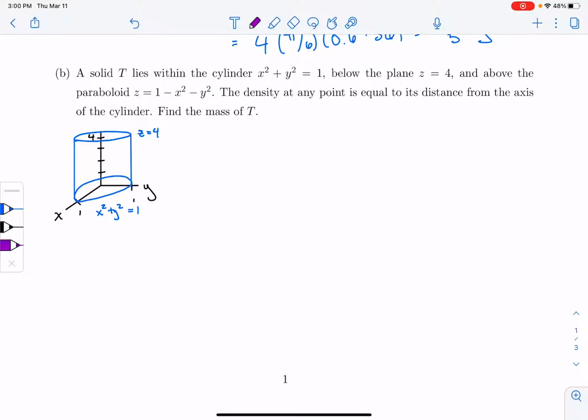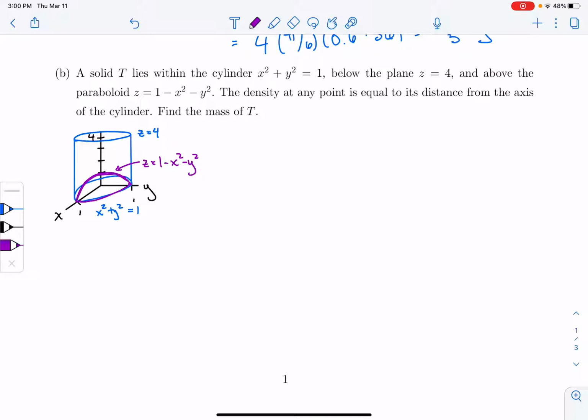So I've got this paraboloid here, kind of an upside down bowl shape, and that paraboloid has an equation of z equals 1 minus x squared minus y squared. So I've got a cylinder. Inside the cylinder at the very bottom is this paraboloid. And I want to go between the paraboloid and the top of the cylinder.